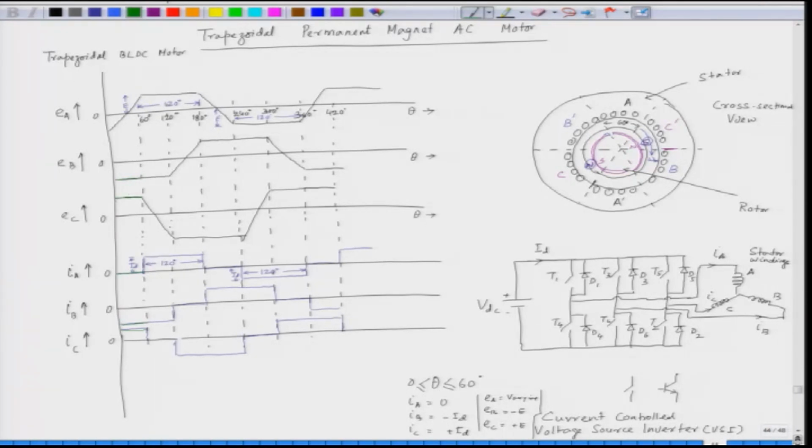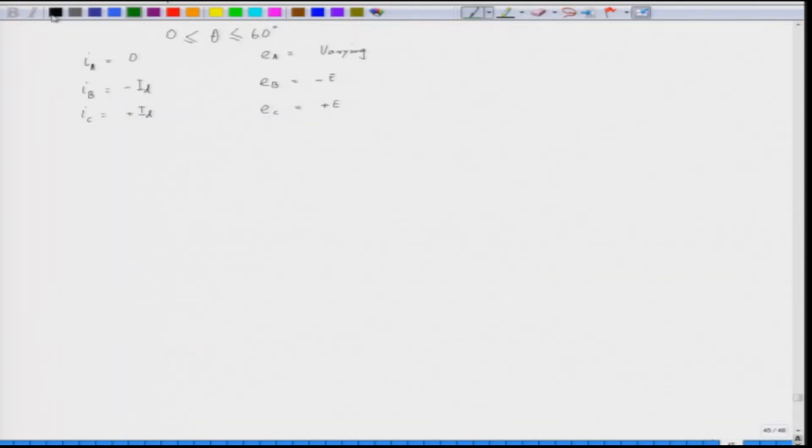So, for the 0 to 60 degree interval, we can find out the power into the motor. One of the phases is not conducting, that is, phase A current is 0. So, what is the power here? Power is equal to EAIA plus EBIB plus ECIC, that is the mechanical output PM.